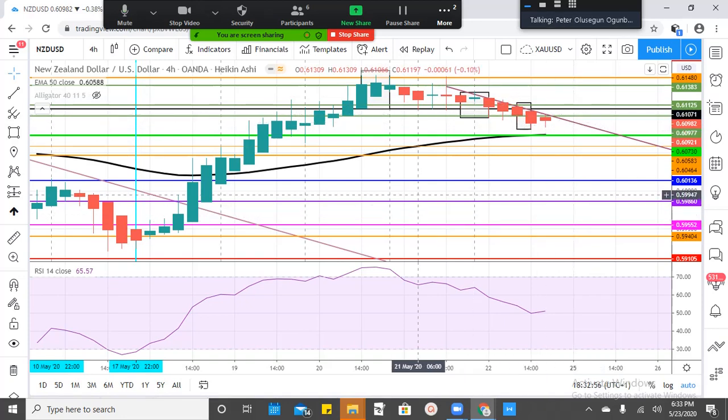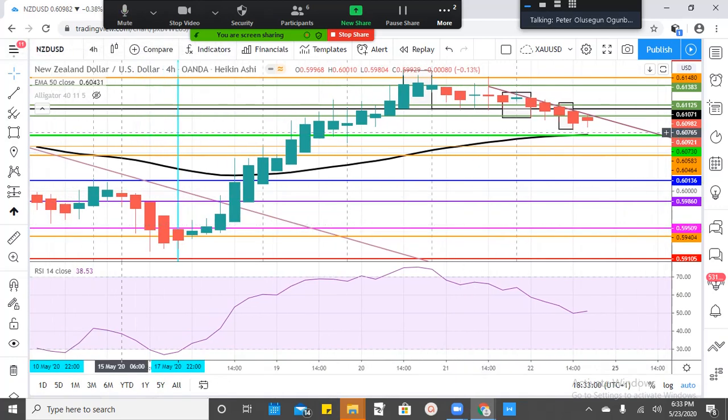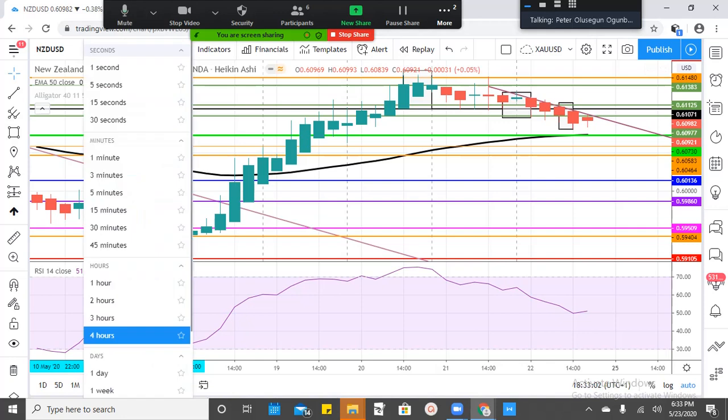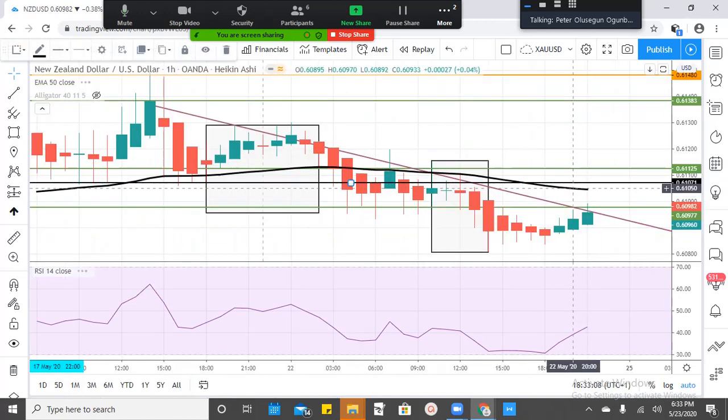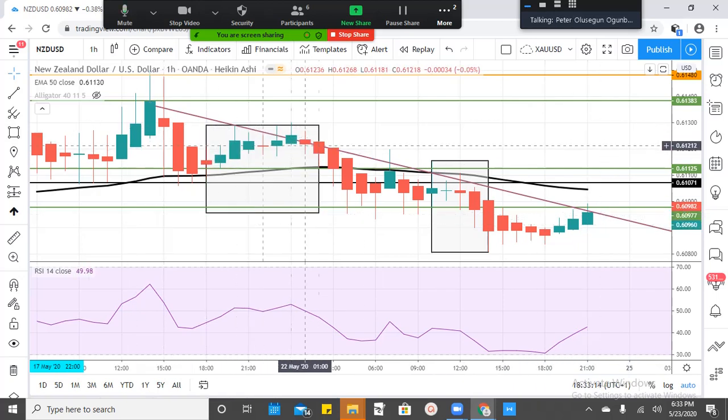So let's see that on 1 hour candle. My trend line. So you can see on 1 hour candle that my trend line more or less has formed a trend resistance to price at this level, at this level, at this level, and at this level.